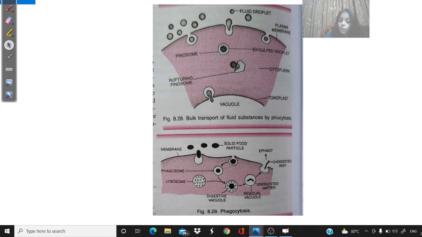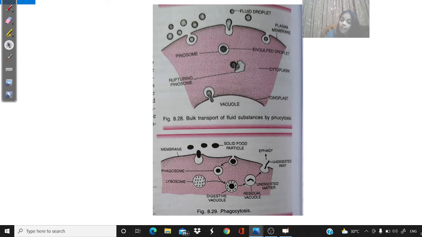So near to the cell membrane, actin myosin proteins are there which helps the membrane to invaginate. Invaginate means to project inwards. That creates a pocket-like structure, you can see. And slowly the solid food particle enters into this pocket-like structure.